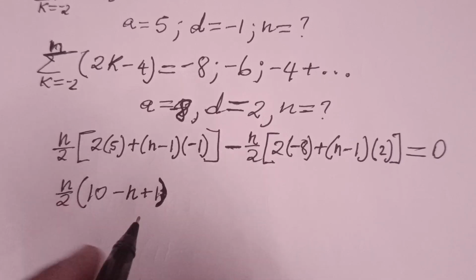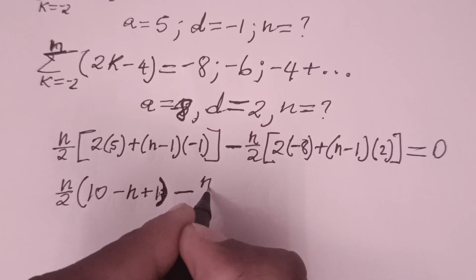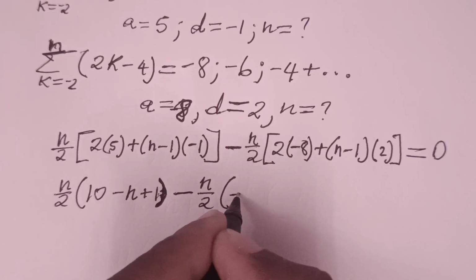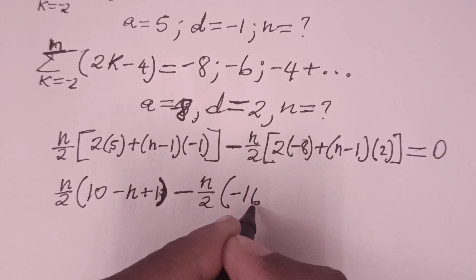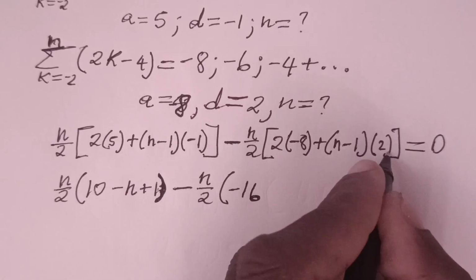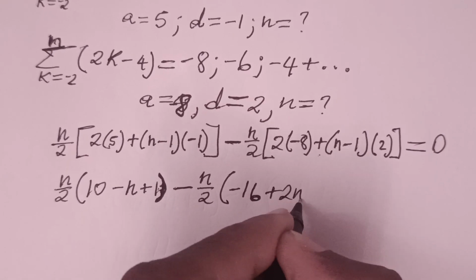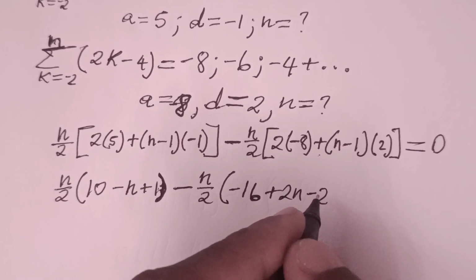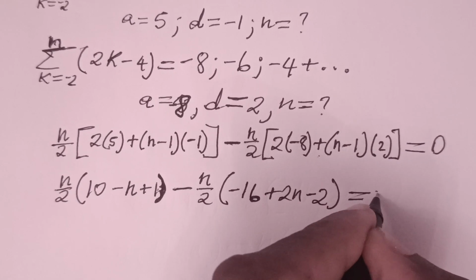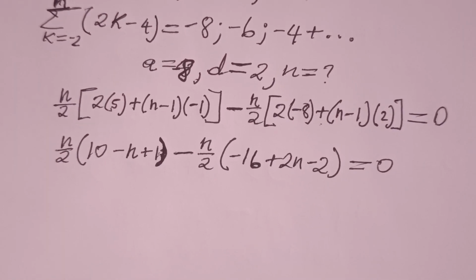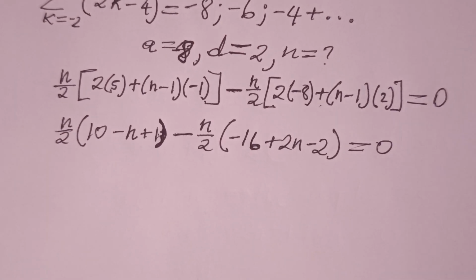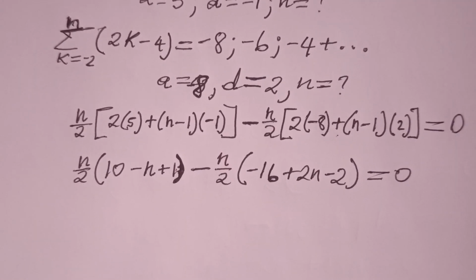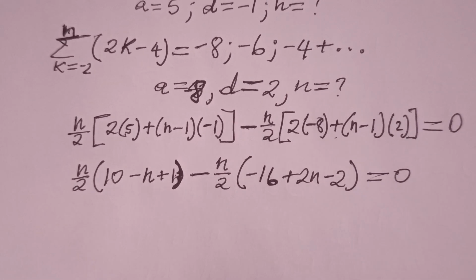It's a positive 1, minus n over 2 into 2 times minus 8, which is minus 16. 2 times the n is 2n. 2 times the minus 2 is minus 2. Close, all equal to 0. Can you see now that everything is gone? We're just having the n, which we actually have to solve for.